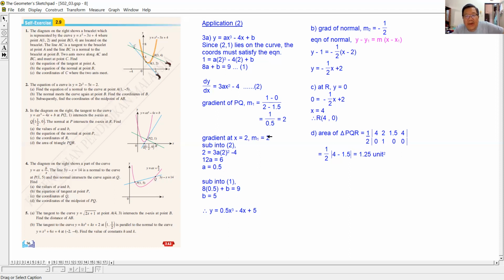I use this pair of values and substitute into the gradient function. dy/dx I substitute with 2 because it's the gradient, then the x I substitute with 2 because it is the x coordinate of the point.